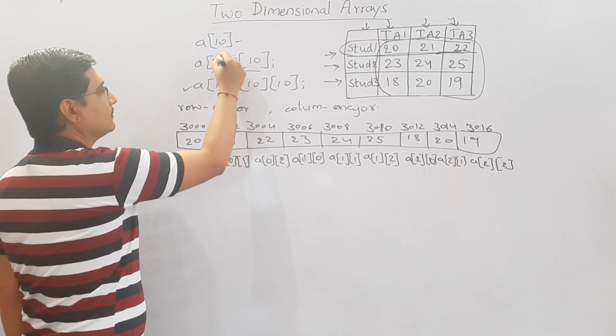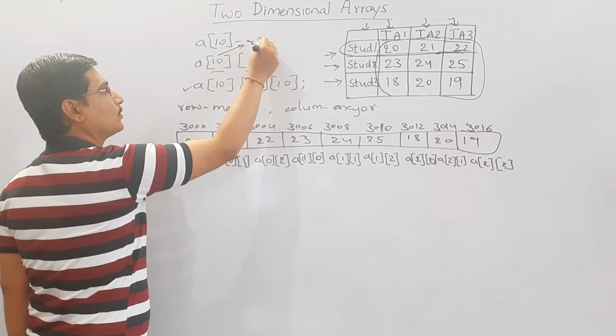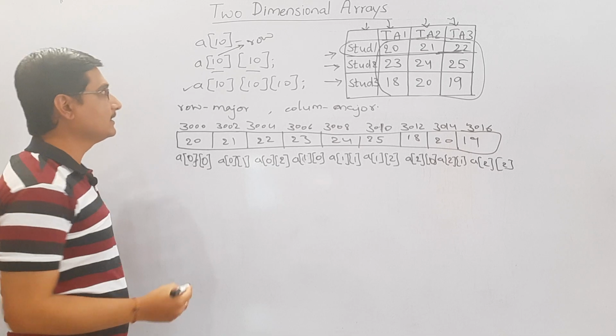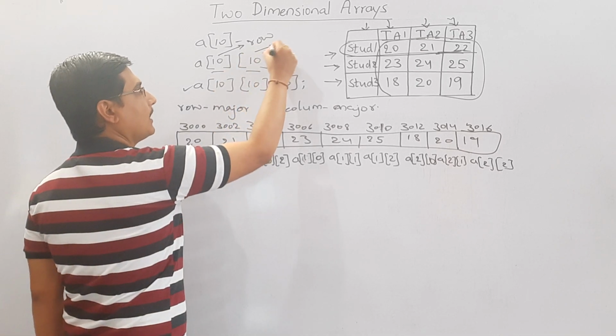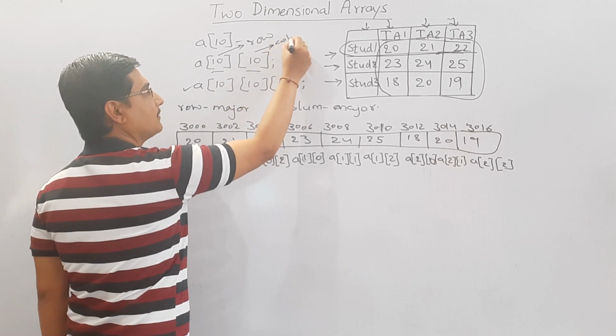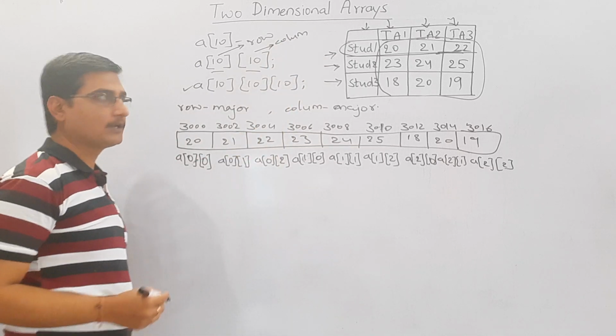The first subscript, or index, will indicate the row number, and the second will indicate the column number.